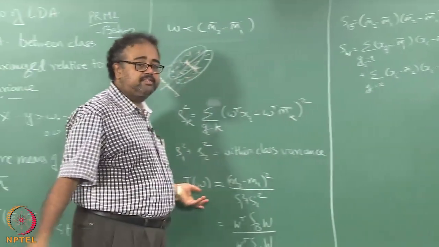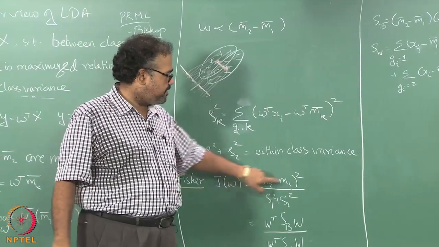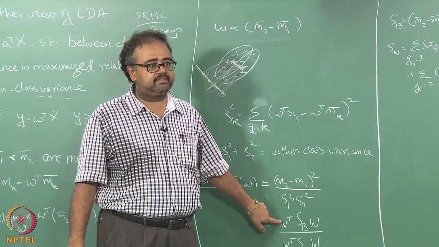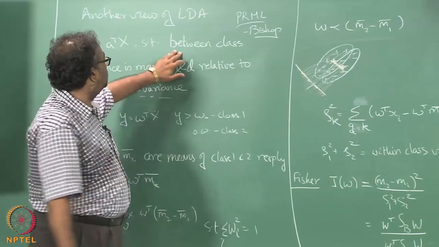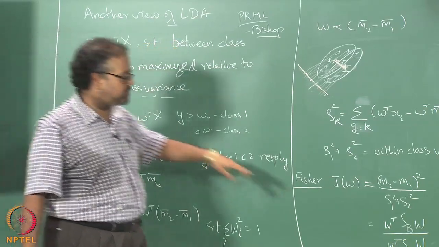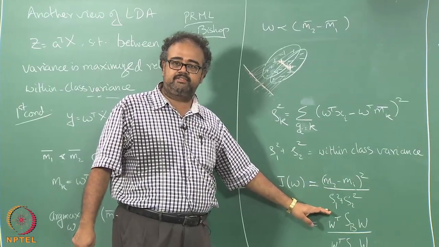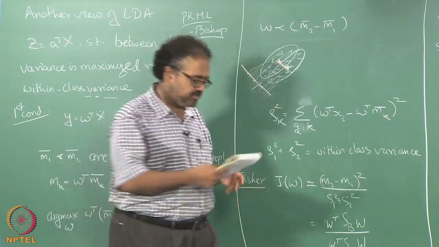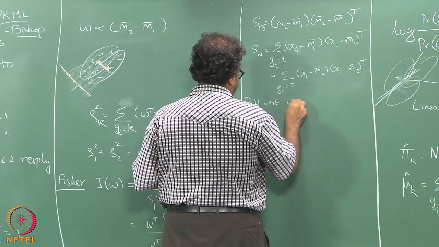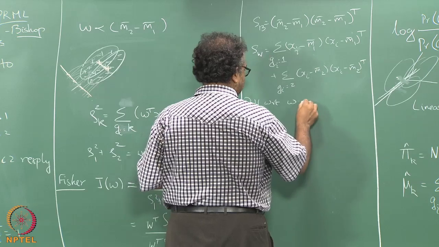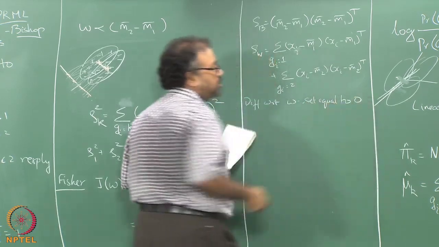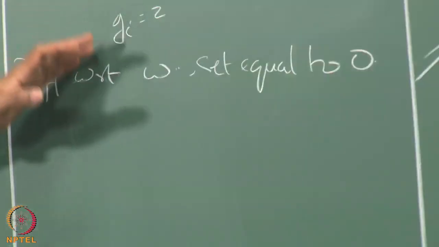So now we want to maximize this, right. We want to maximize the between class variance relative to the within class variance, that is what we said, right. So I have to take the ratio between class variance over within class variance, and now I am maximizing this ratio. So differentiate with respect to W and set it equal to 0, right.